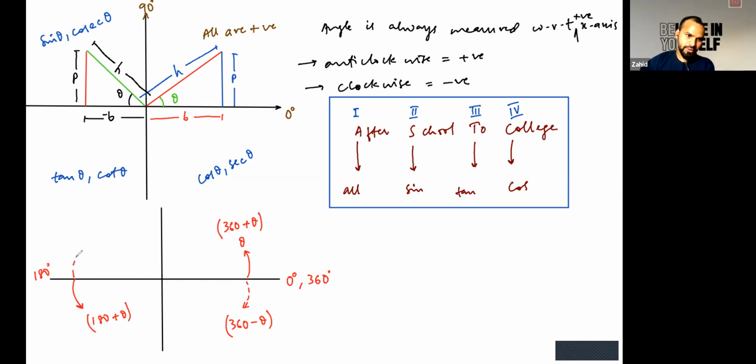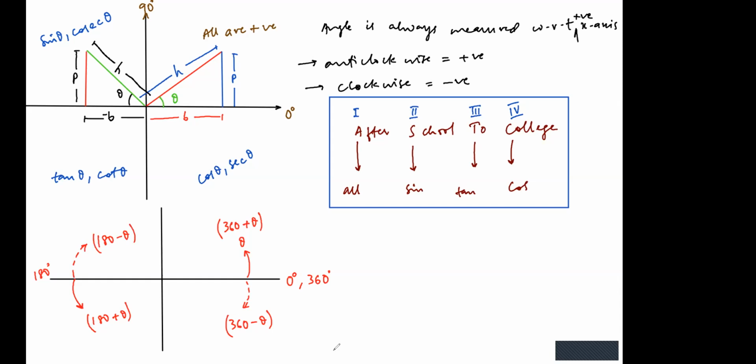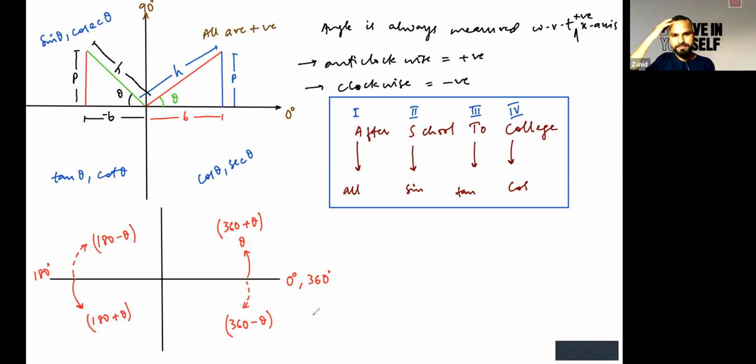And if we move along the clockwise direction, the angle would be negative, so it will be 180 degree minus theta. Is it clear to you all how I have just defined the angle with respect to the horizontal line for different quadrants? Fawaz, do you have any doubt about this part?